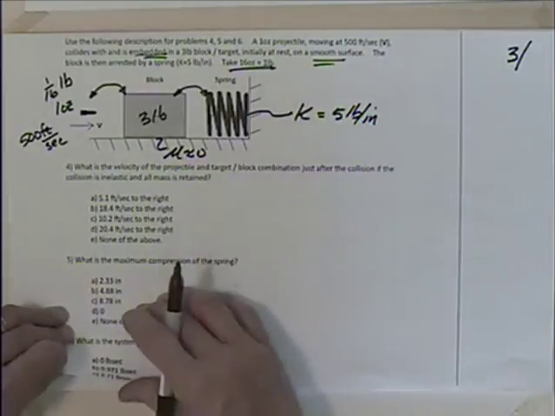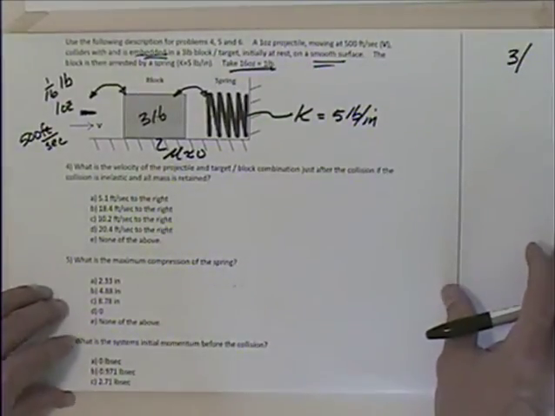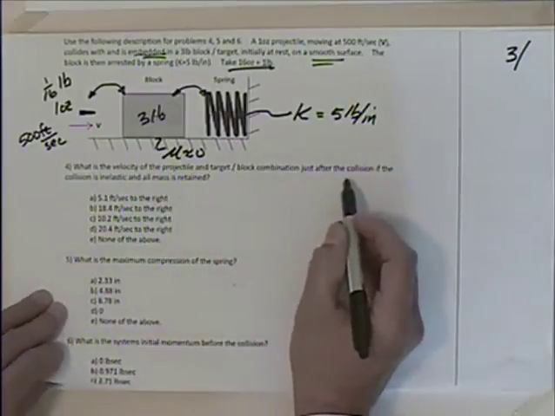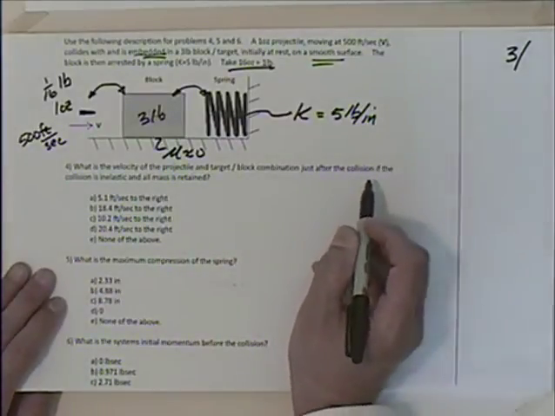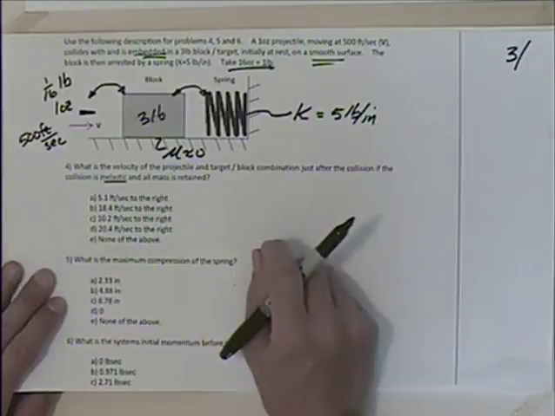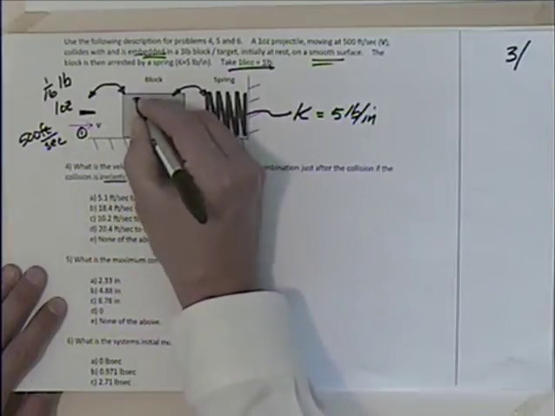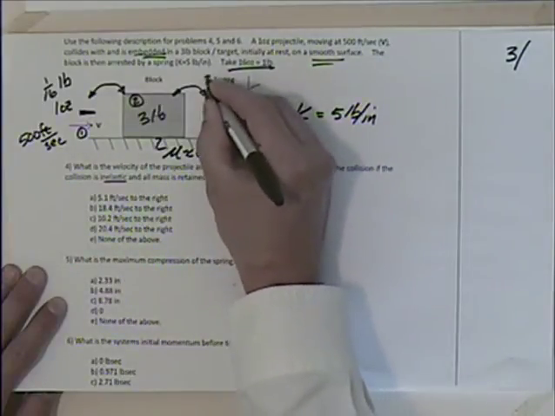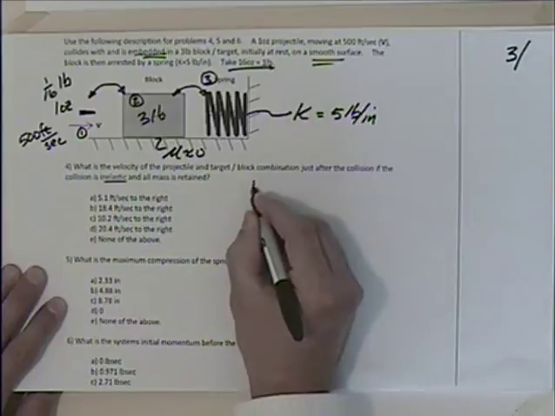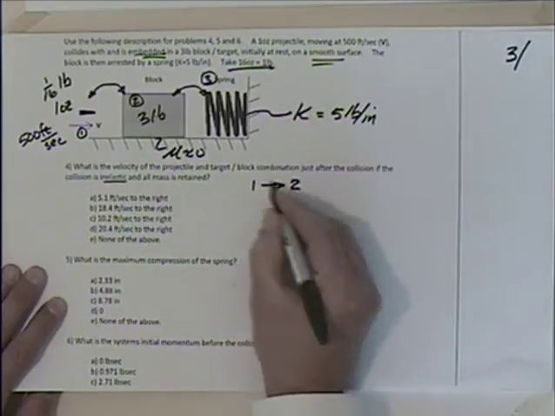So what is the velocity of the projectile and target block combination just after the collision? If the collision is inelastic, we already knew that, didn't we? So if I said that this was 1, and this is 2, and then this is 3, we're going from 1 to 2, aren't we, here?